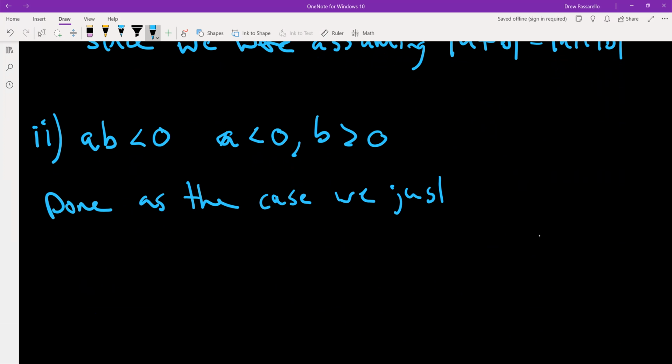So therefore, a times b is going to be greater than or equal to 0, since we proved it otherwise for the less than 0 case.